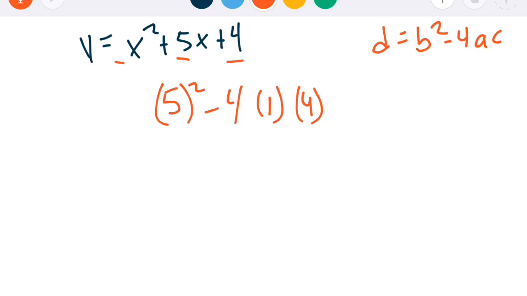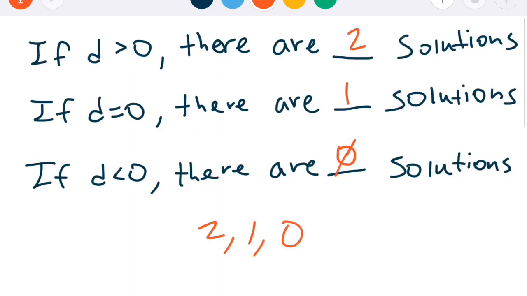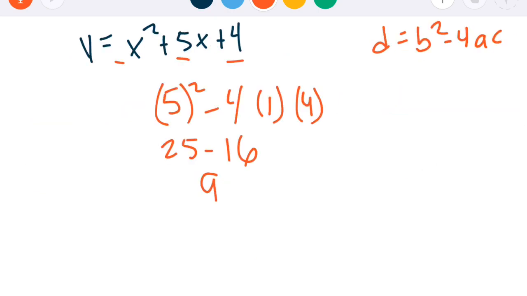So when we simplify this, we have 5 squared, so that's 25, minus 4 times 1 times 4, which is 16, so 25 minus 16 is 9. So if we go back a slide, if d is greater than 0, 9 is greater than 0, that means that there are two solutions.